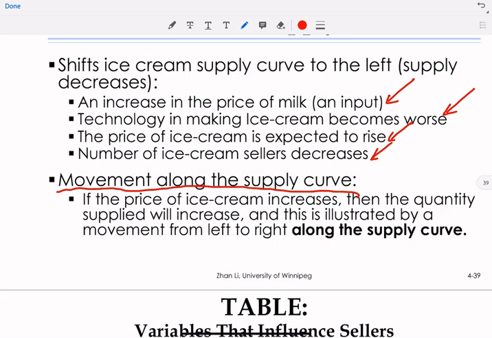In this example of the ice cream supply curve, if the price of ice cream changes, then we will observe a movement along the supply curve. To be more specific, in this case, if the price of ice cream increases, then the quantity supplied will increase. And you will move upward along the supply curve.